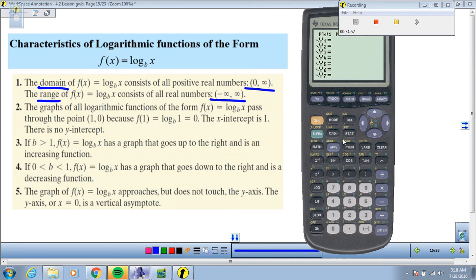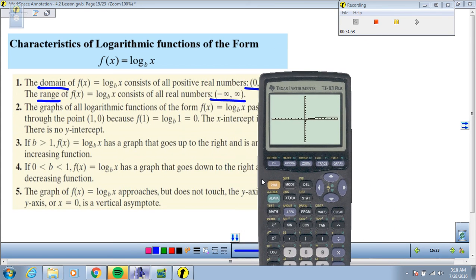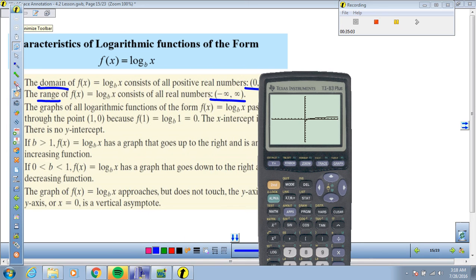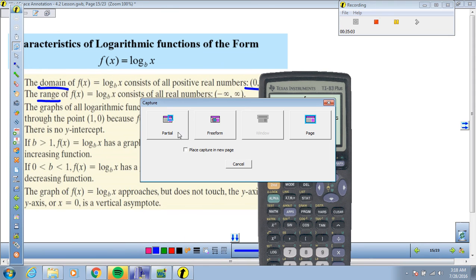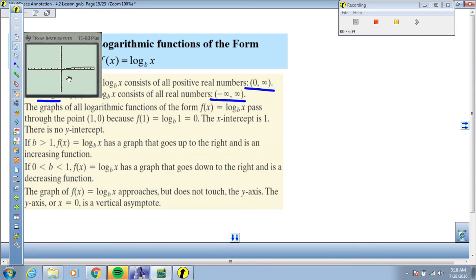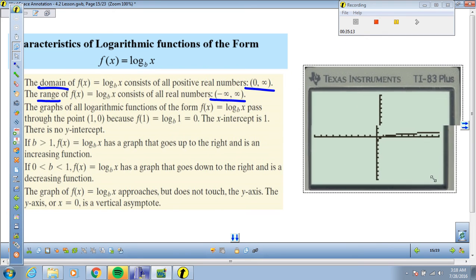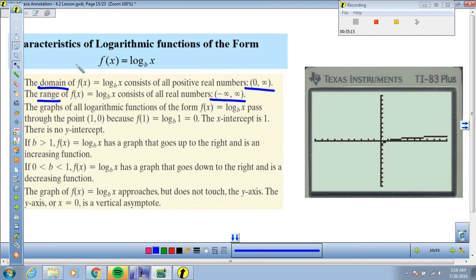Log of x doesn't really show us a good picture, but this is how the basic or parent function of the logarithmic functions is supposed to look. I know you don't see it, but it looks like a curve right here.